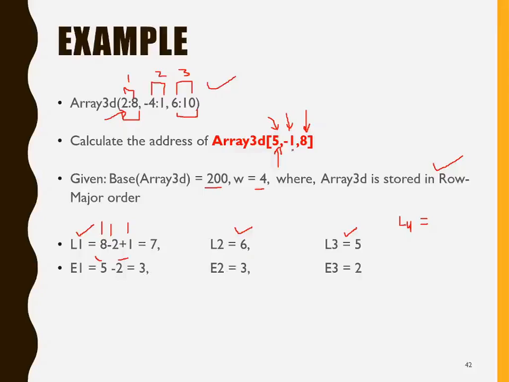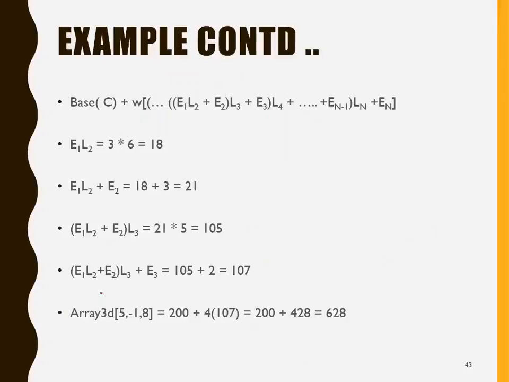Then for this, minus 1 minus 4 will give me positive 3, as minus becomes positive for this 4, and minus 1 will be subtracted from it, so it will give me positive 3. And then 8 minus this 6, so it will give me 2. So this is how E1 to E3 are calculated, and now we have to put these values inside that particular calculation.